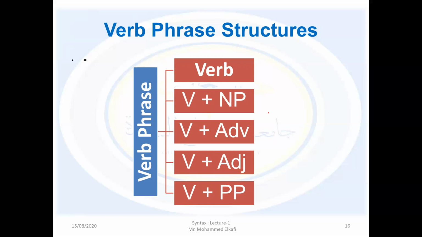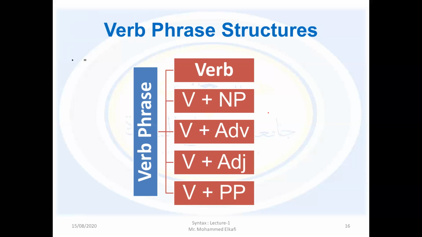Verb plus noun phrase is the second structure of the verb phrase, as when we say she took the bag. Took is a verb and the bag is a noun phrase.